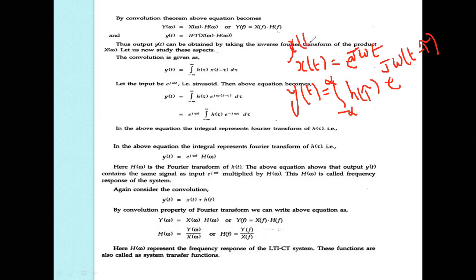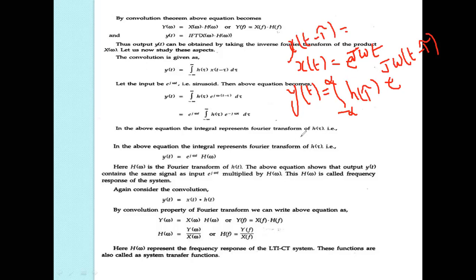Now I can substitute in this equation: y of t is equal to the integral from minus infinity to infinity of h of tau. What is x of t? E power j omega t. But here it is x of t minus tau, so instead of t there is t minus tau: e power j omega into t minus tau. Why? The t is replaced with t minus tau, my dear students.